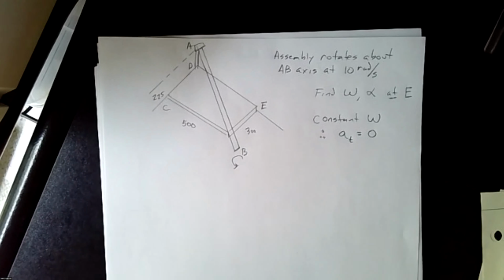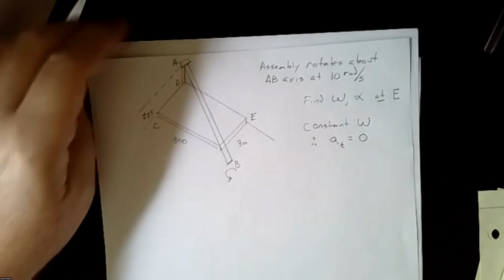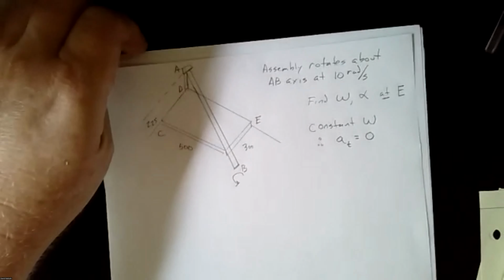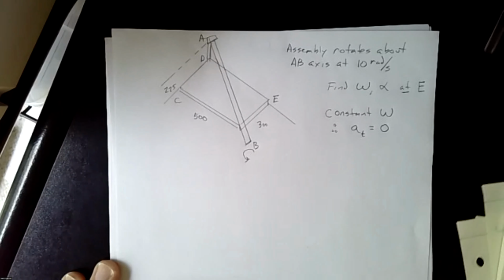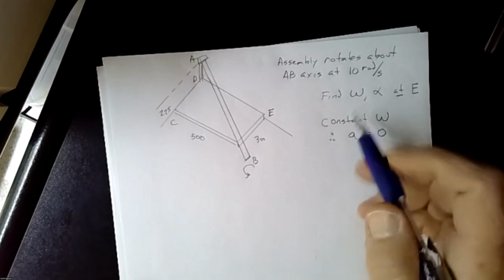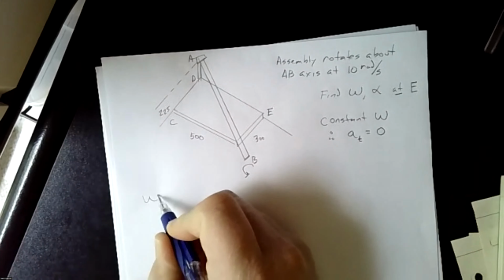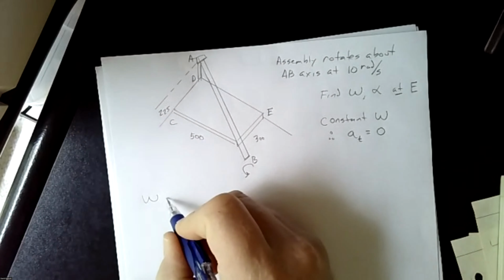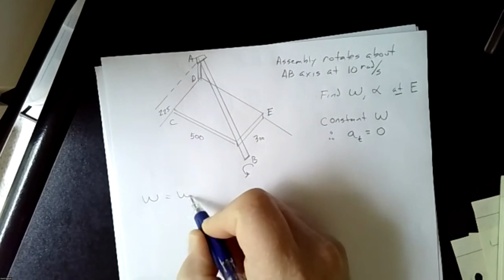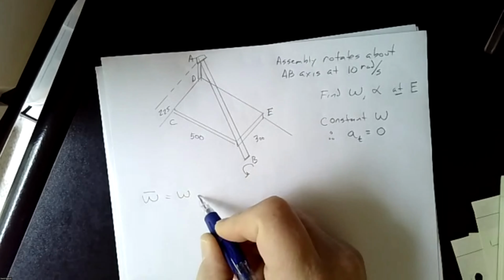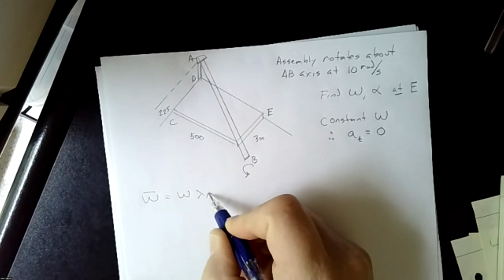So getting comfortable with all these things and being able to know them secondhand is what's going to make you successful. This stuff here is just preliminary. Then we'll get into the more complicated stuff soon enough. Now, in this case, what we want is omega, and omega as a vector is going to equal omega as a scalar times lambda AB.